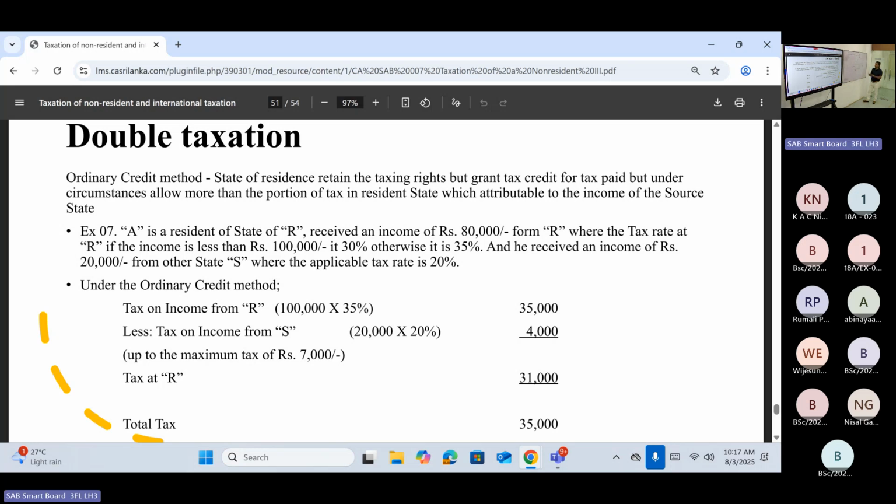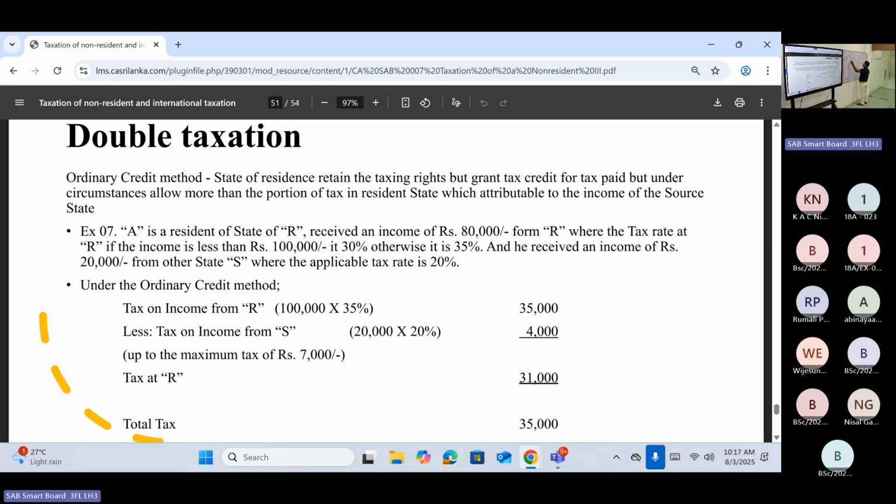So in this country, his total tax liability: country R is receiving 80,000, country S is receiving 20,000, altogether 100,000.